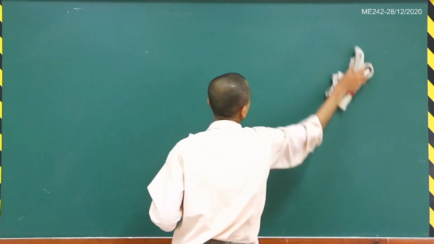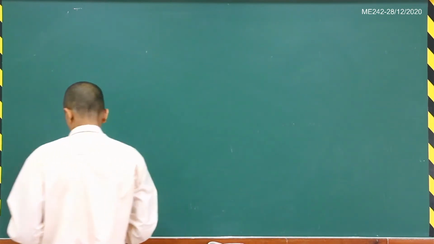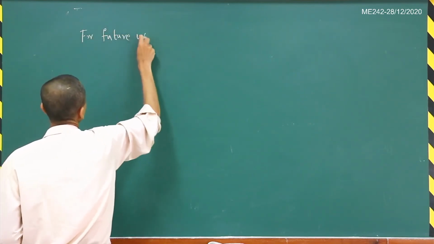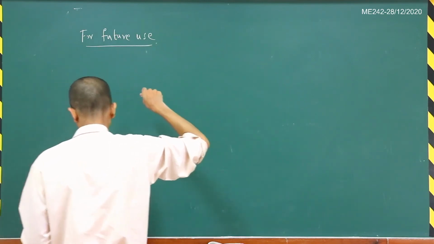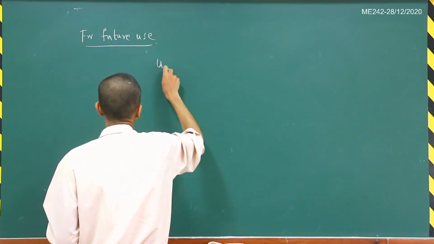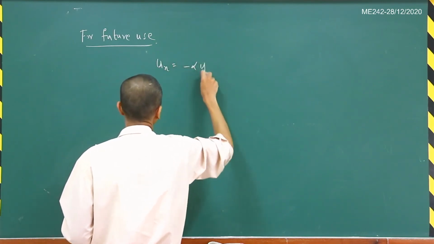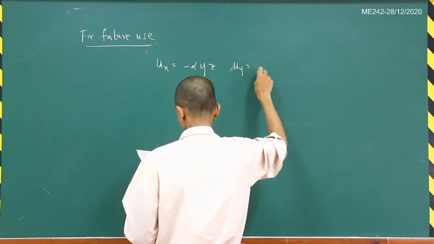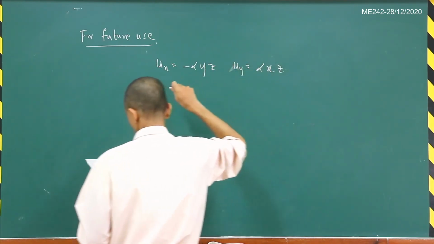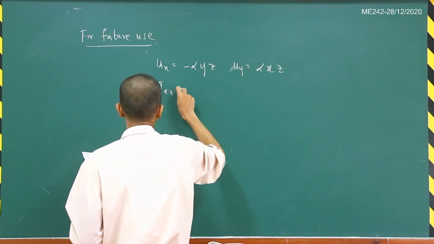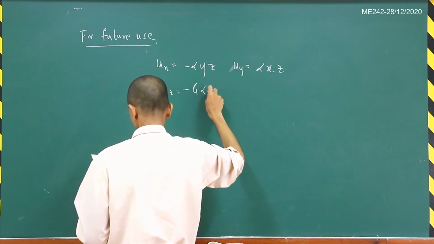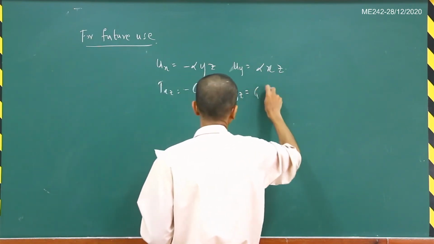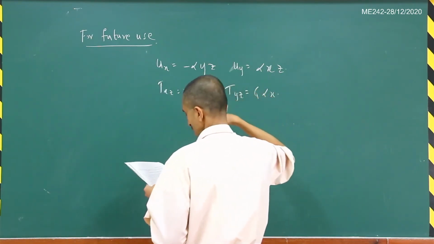For future use, the displacement components are Ux equal to minus alpha yz, Uy equal to alpha xz, and tau xz is equal to minus G alpha y, and tau yz is equal to G alpha x.